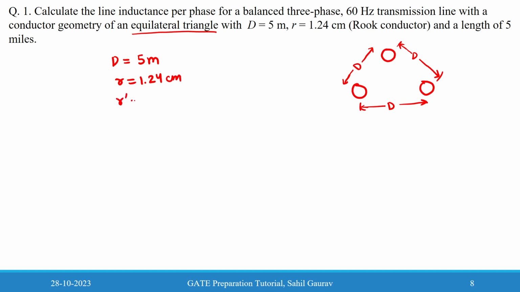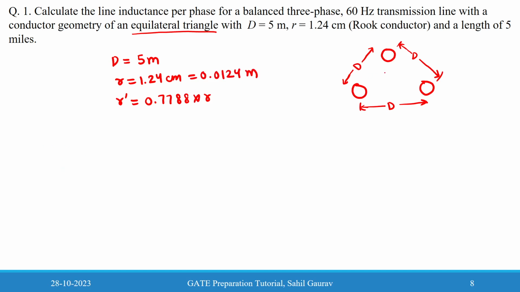We have seen in the expression that we have to use 0.7788 into r. So we will use this in the final expression. This will be 0.0124 meter.